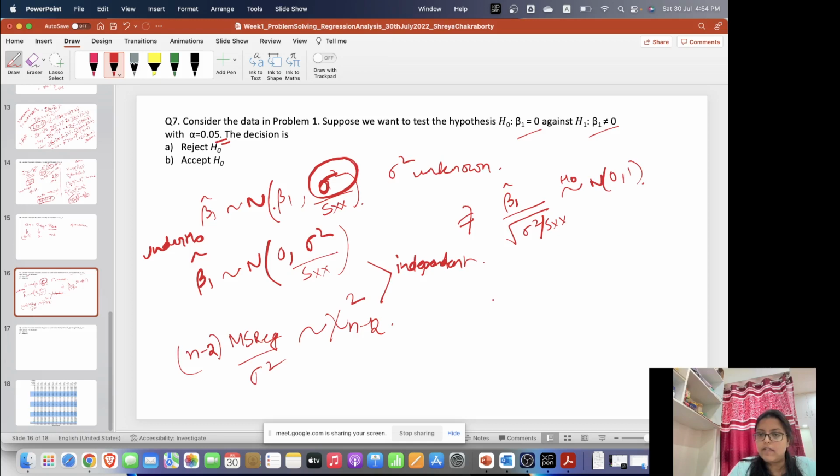And if we divide this thing, so our test statistic is this one divided by root over of this variable divided by its degrees of freedom.